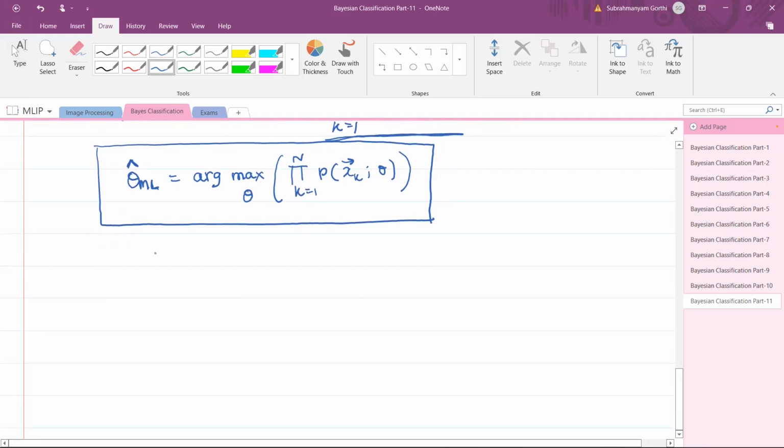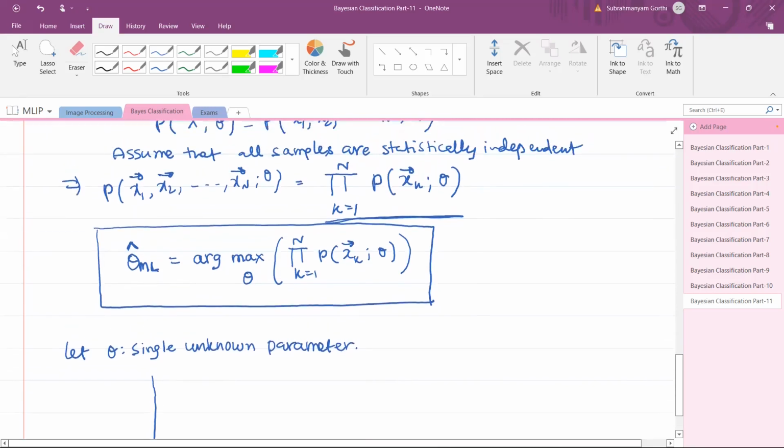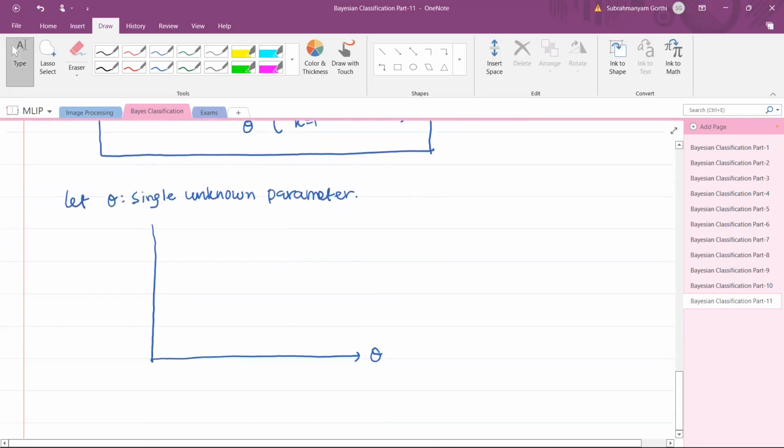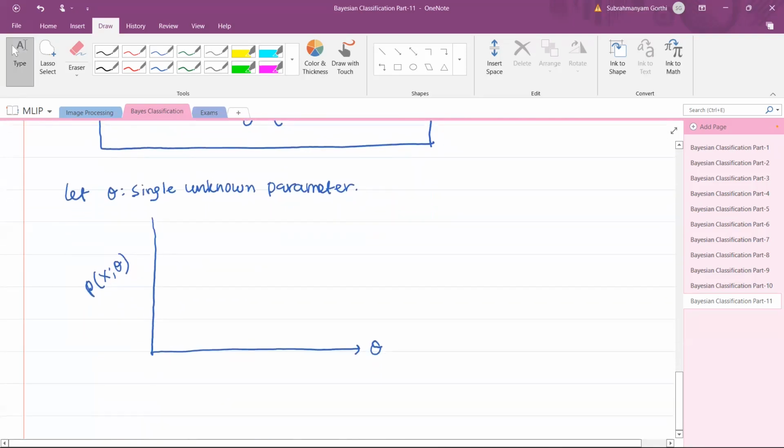So you could think of it, let's say your theta is a single unknown parameter, so that I could draw it and show you. What you are essentially doing here is varying your theta value, and this whole function I'm calling probability of X given theta, is it not? That's how I am calling it, probability of capital X given theta.